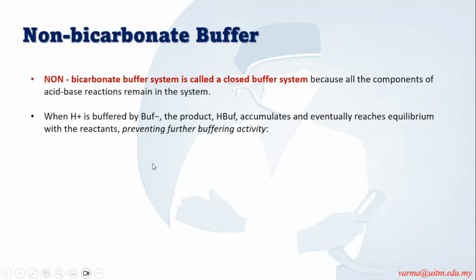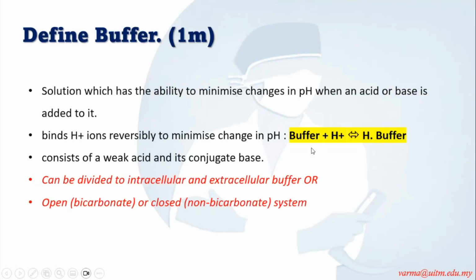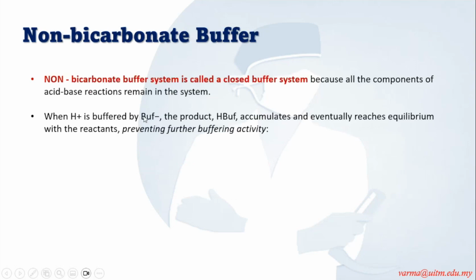Non-bicarbonate buffer system is called a closed buffer system because all components of the acid-base reaction remain in the system in vivo. When H plus is buffered by buffer, the product H-buff, in this equation, the buffer can be anything in the non-bicarbonate system. This buff can be protein or phosphate, hemoglobin or whatever, and it accumulates and eventually reaches equilibrium with the reactants, preventing further buffering activity.